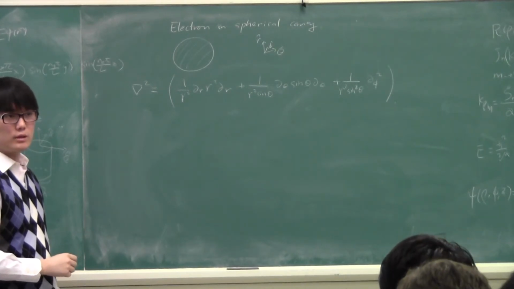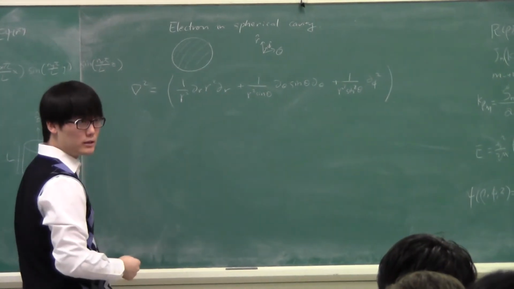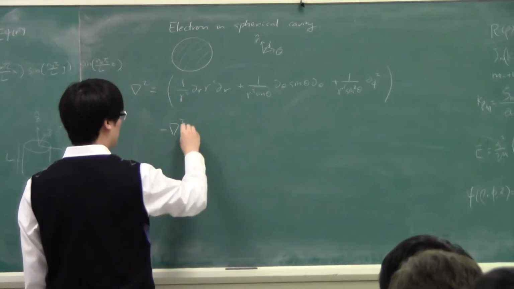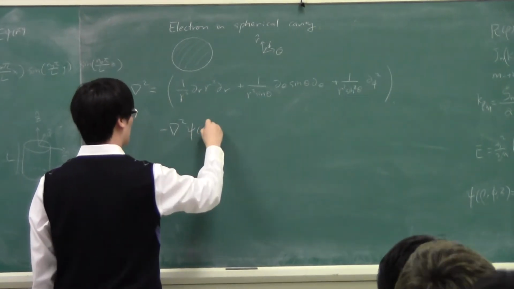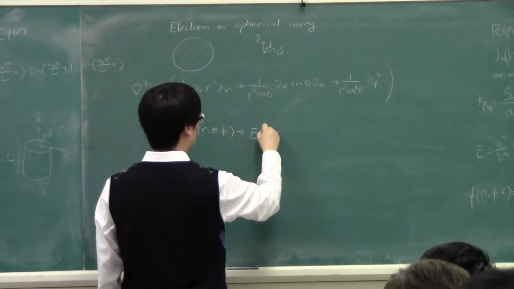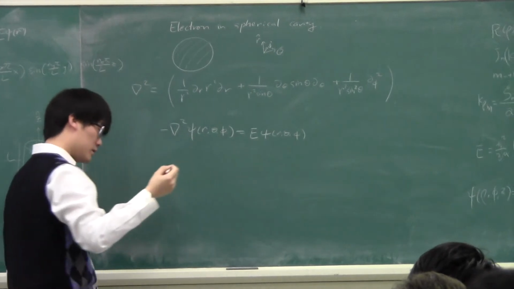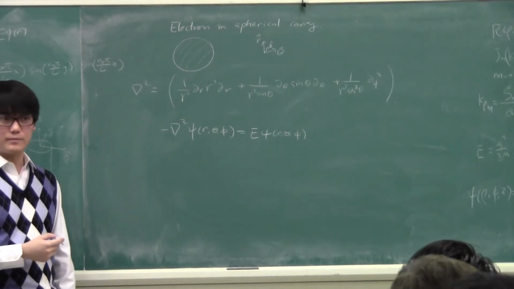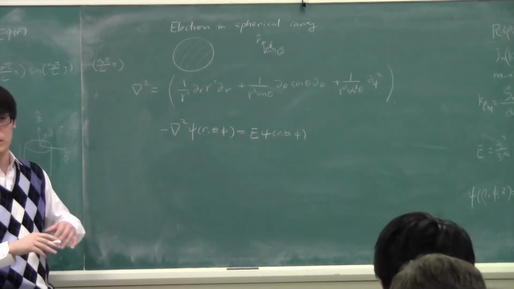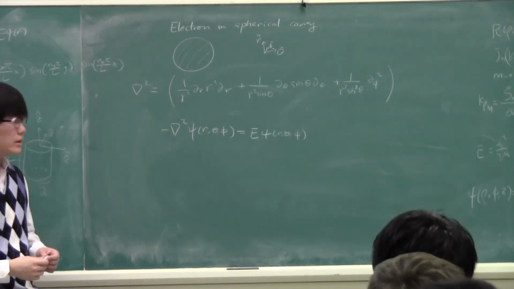So now the Schrodinger equation again would be, after rescaling the energy unit, minus the Laplacian times phi of r theta phi is equal to e phi of r theta phi. So I've neglected the potential again. All right. So because we're considering a free electron trapped inside of spherical cavity.